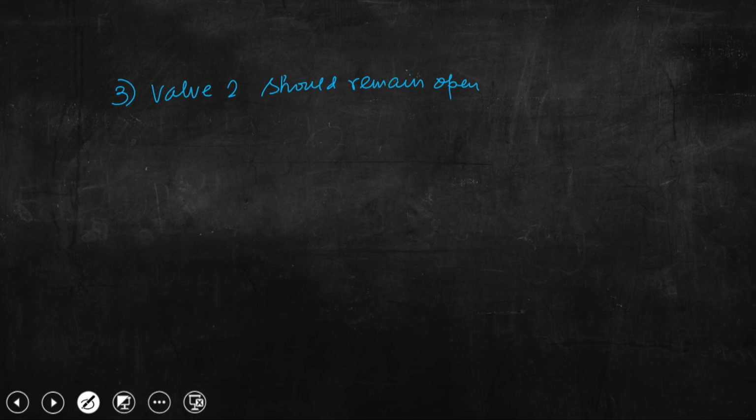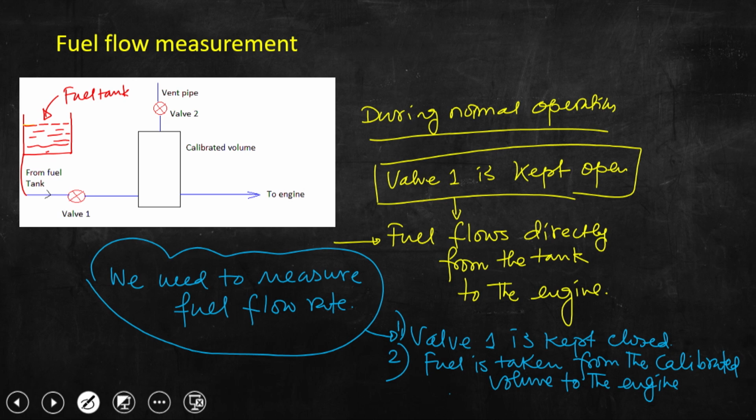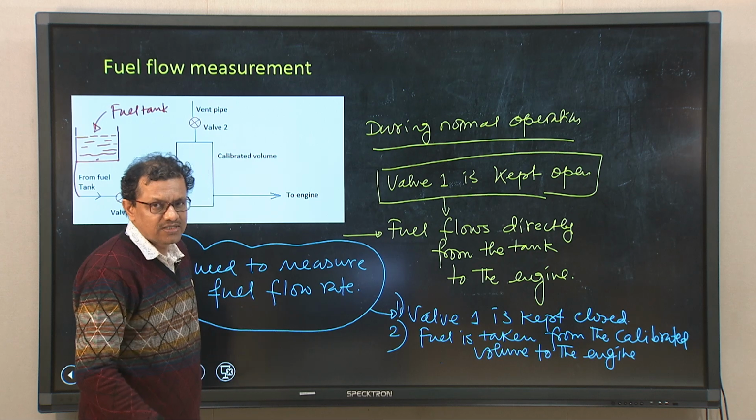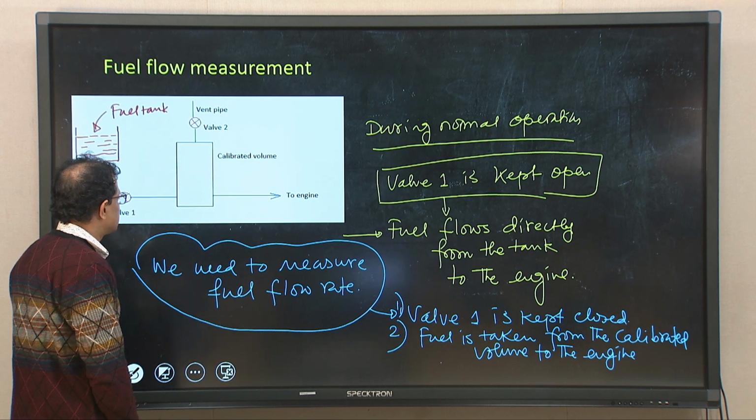If we go back to the previous slide, during normal operation this valve 2 will remain closed, valve 1 should be kept open, and fuel flows directly from the fuel tank to the engine. So, that is the normal period of engine operation.